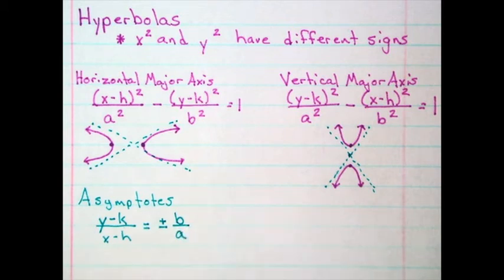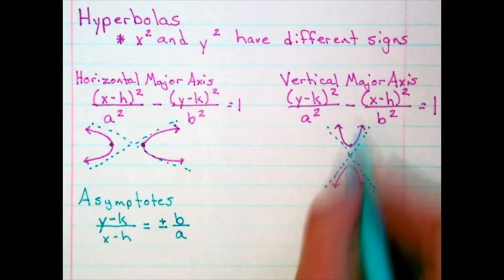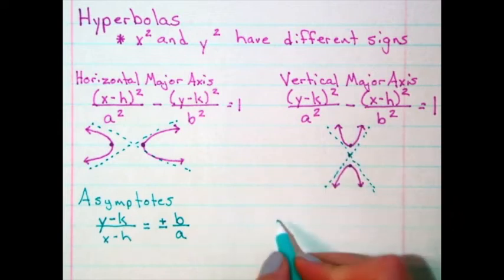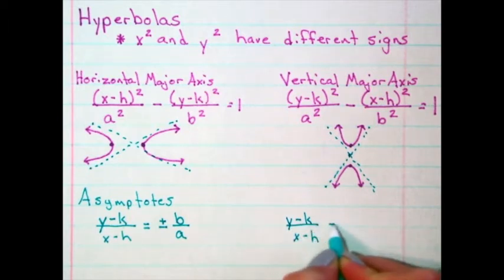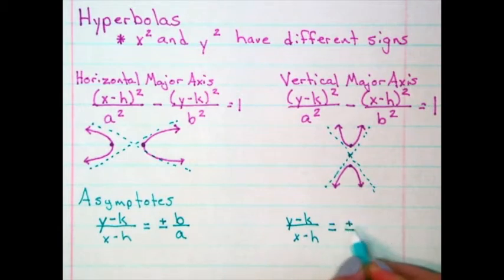And then the only thing that changes for a vertical major axis asymptote is it's going to be the same thing on the left, plus or minus a over b.